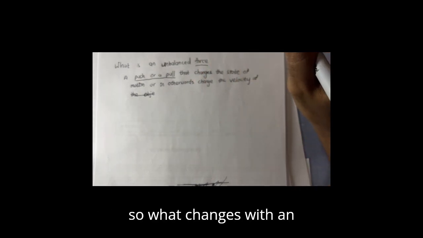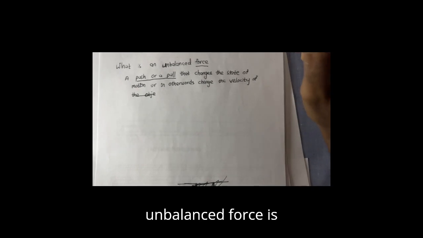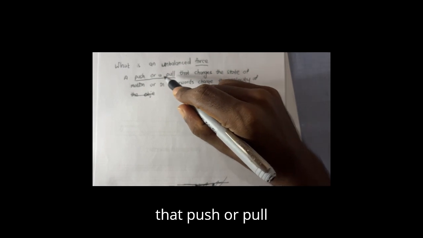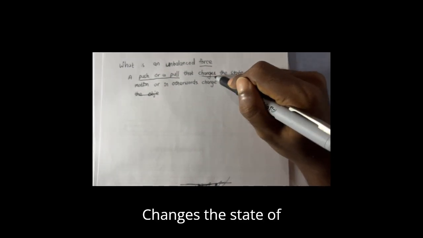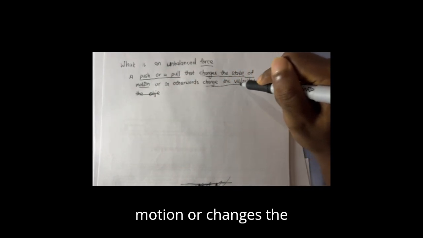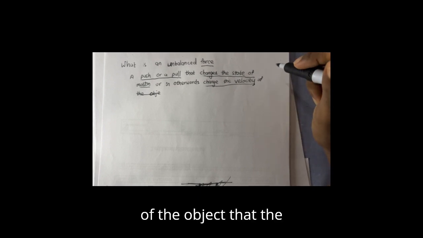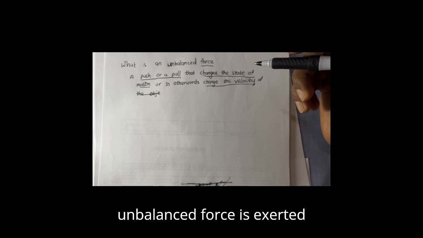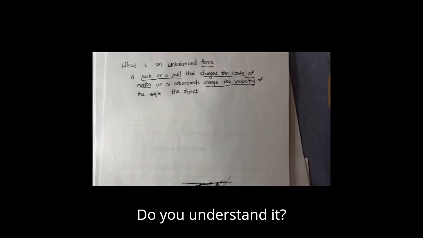What changes with an unbalanced force is that push or pull changes the state of motion or changes the velocity of the object that the unbalanced force is exerted on. Do you understand it?